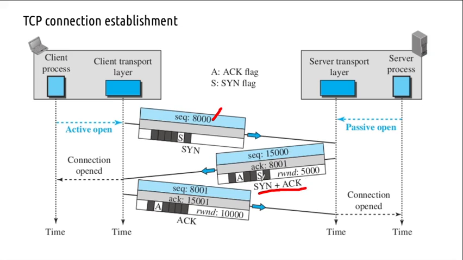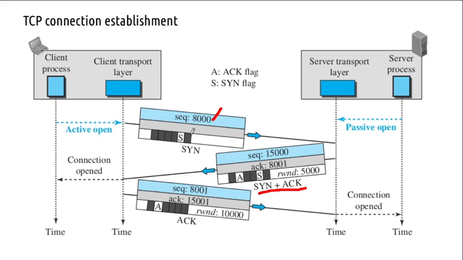That's why it's called SYN plus acknowledgement. So the SYN bit will be set, and also the acknowledgement will be cumulative, indicating that the server side process is expecting the next segment with the sequence number 8001.